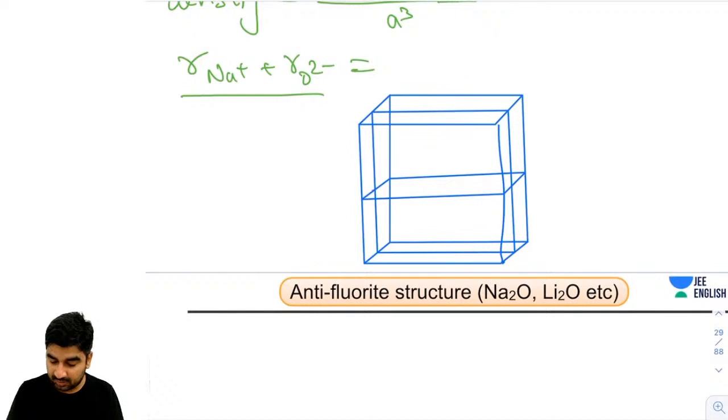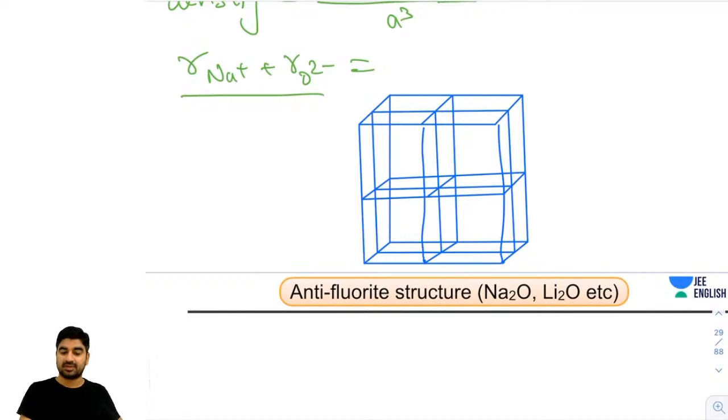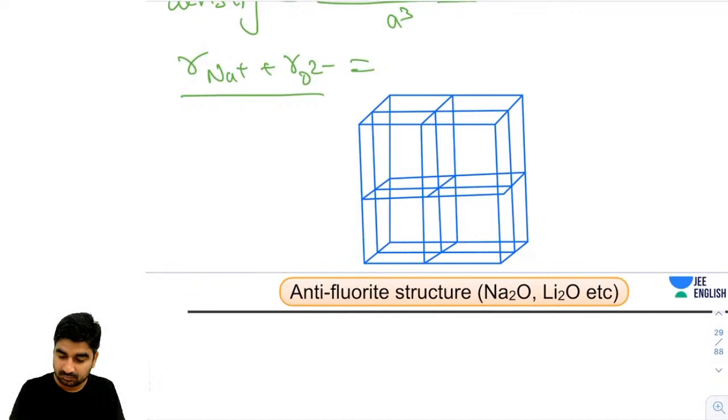Done. Now I told you this is O2-, so it is present in the CCP or FCC position. So I can take it at all corners plus all face centers.